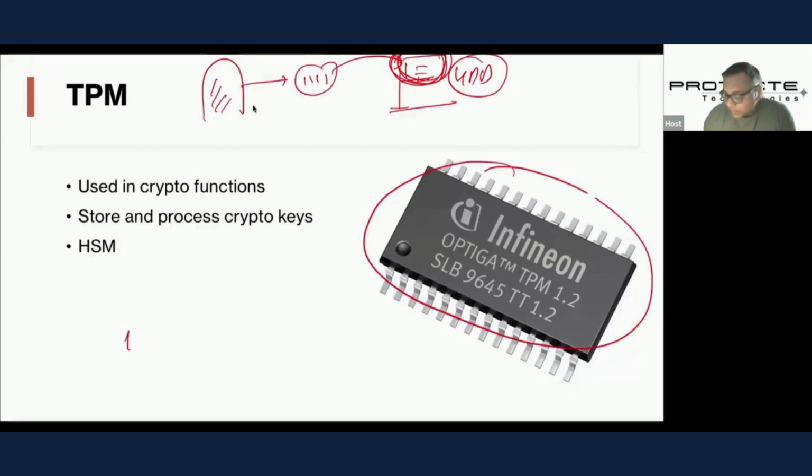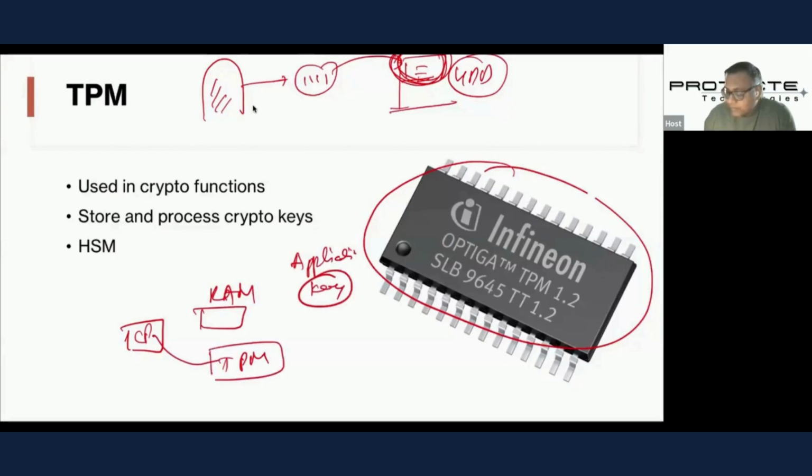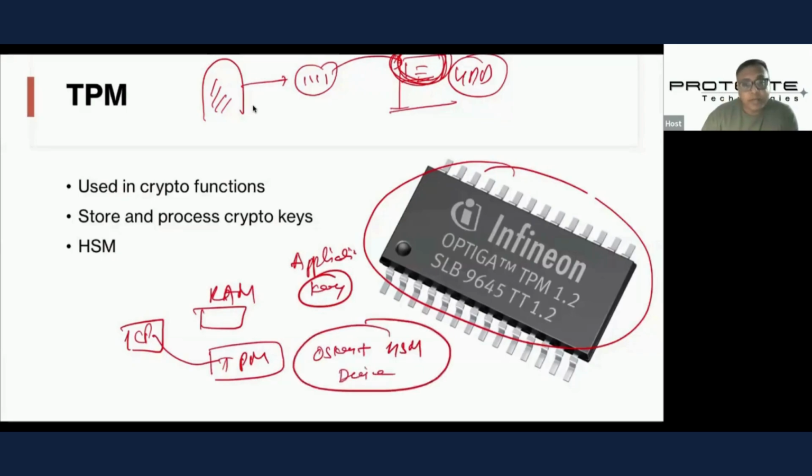Whenever an application needs some kind of keys, the keys are fetched by the CPU from the trusted platform, and this TPM forms part of the OS kernel plus this HSM plus certain device drivers. They form part of the overall TPM.